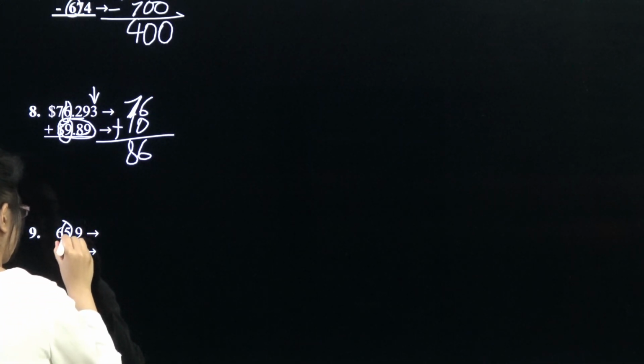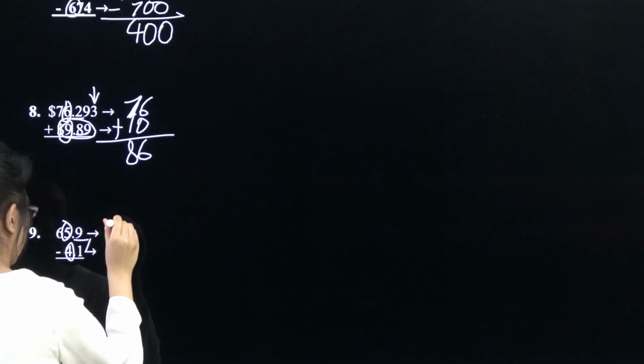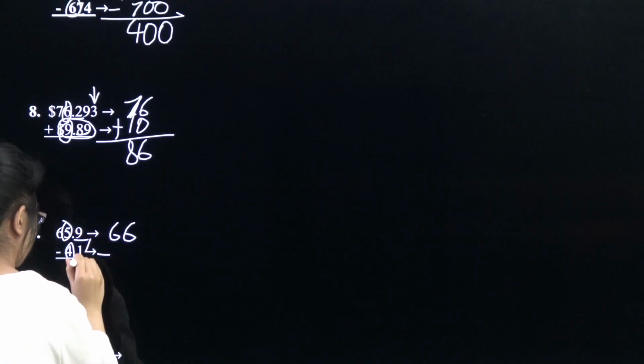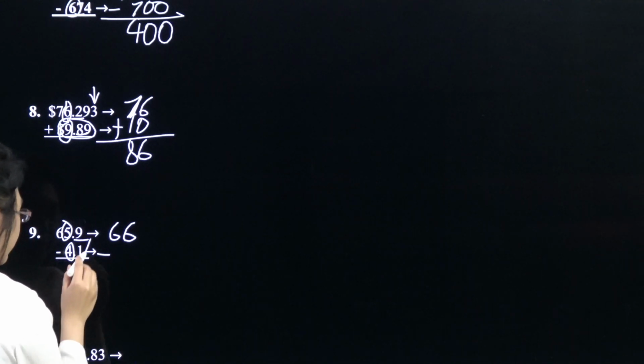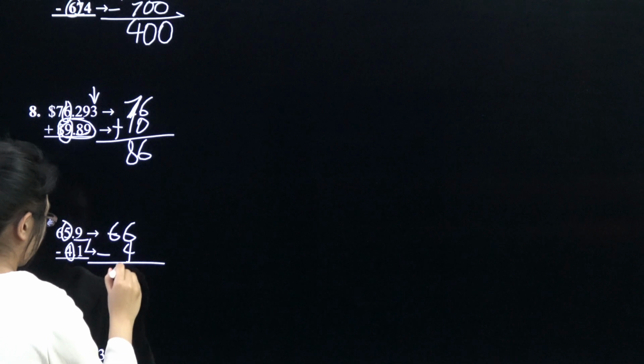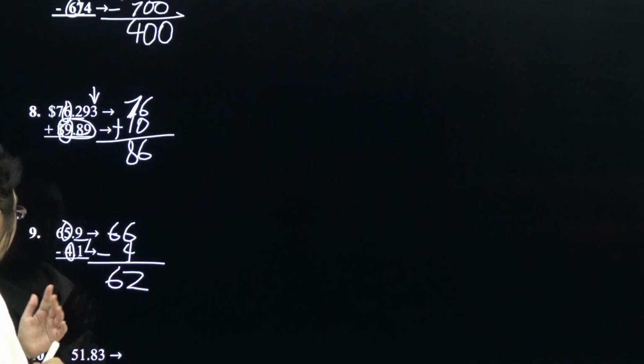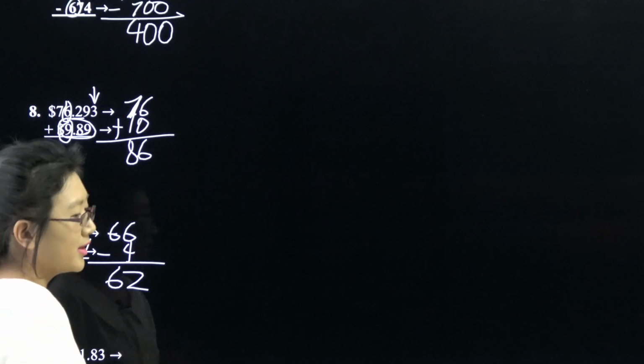Here, we move on to the right, and then we get 66 minus, to the right, it's a 1, we have to round down, so we get 4. 66 minus 4 is 62. This means that 65.9 minus 4.1 is approximately 62.